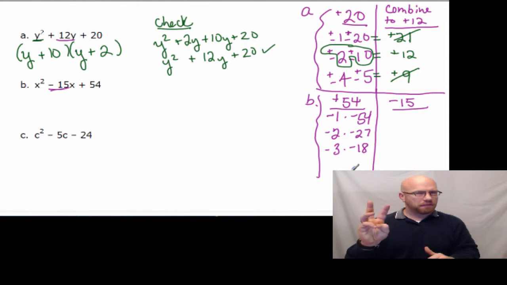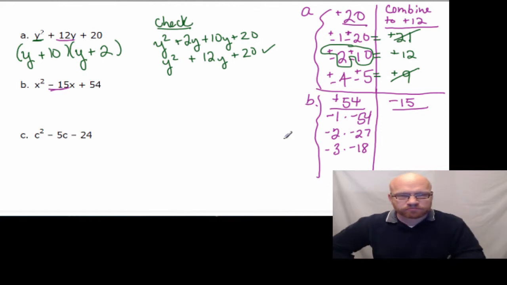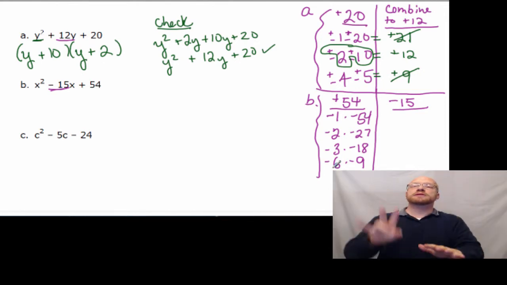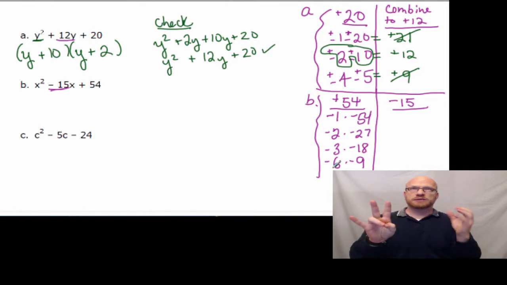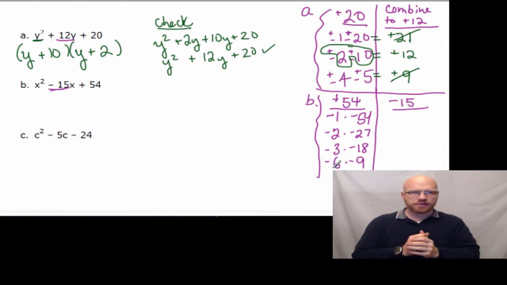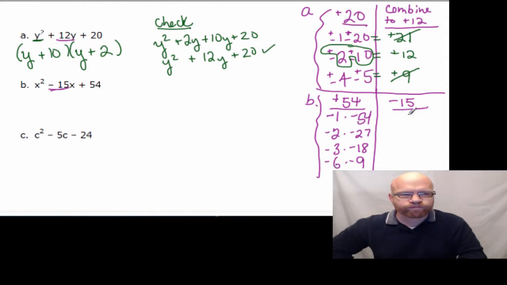Now, how about 6? 6 times 9 is 54. That works. Write that down. Now, I think that's the last one, but let's see. Okay, 6 is done. How about 7? 7 times what? Doesn't work. And then 8 times nothing. That doesn't work. Now, 9 we already have, so we're finished. This is our last pair. We've exhausted the pairs. Now, we're going to combine these negative numbers and see what we come up with.